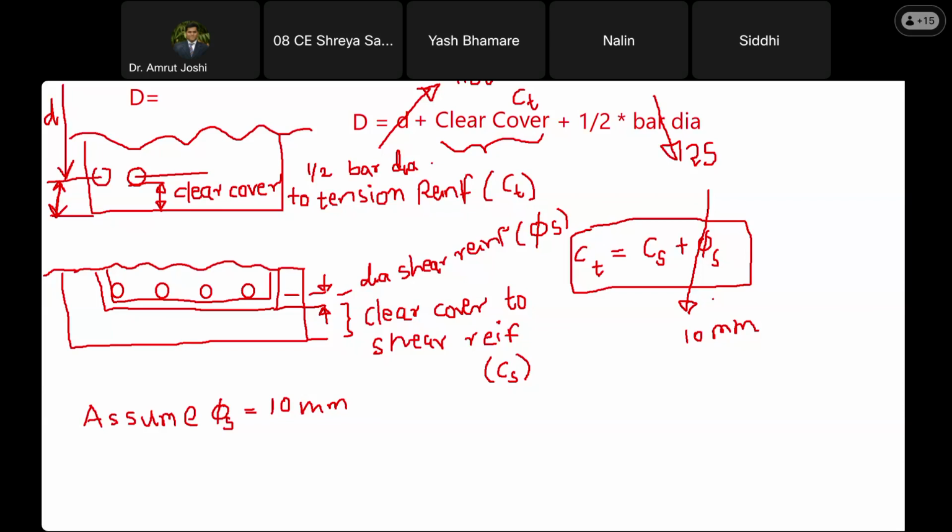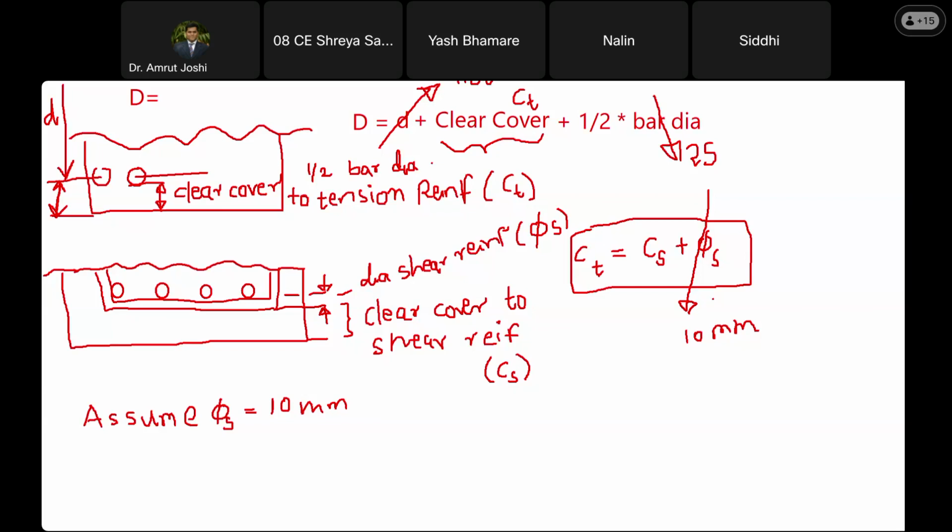So therefore, the cover of certain thickness needs to be provided in order that the very first reinforcement, that is shear reinforcement, should not get corroded during the design life. Are you with me? Yes, sir. That is one of the reasons of provision of cover.